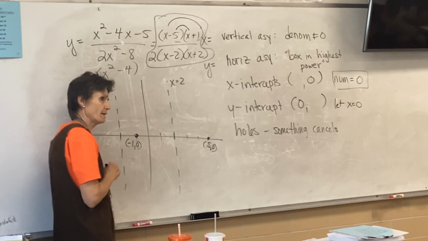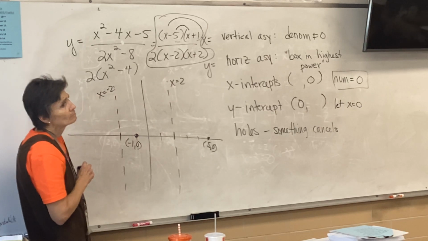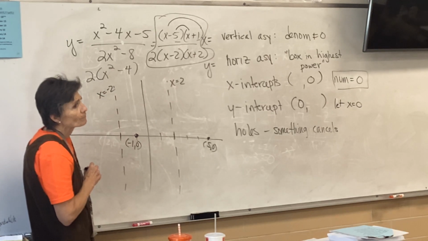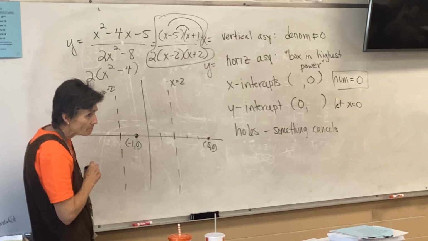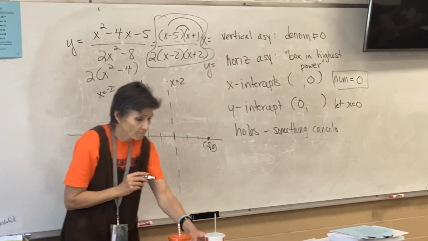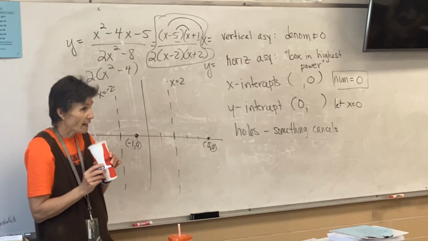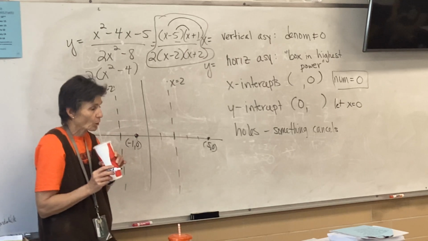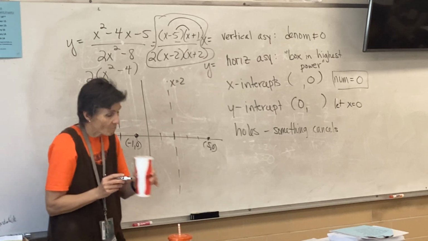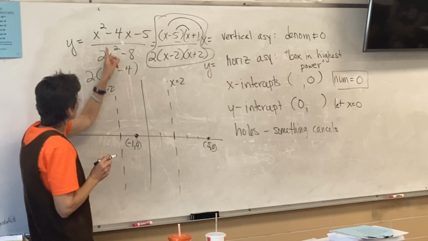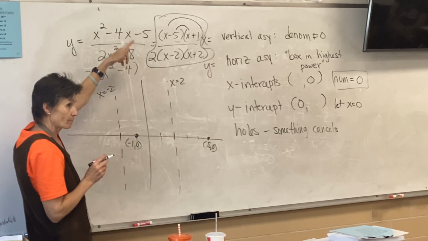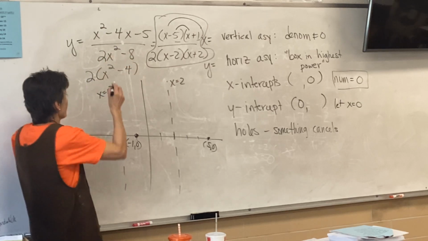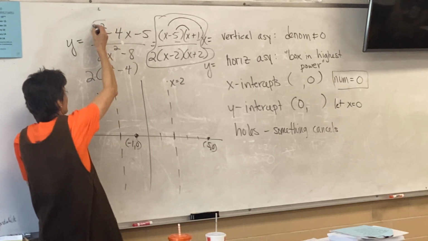Xavier, where's my horizontal asymptote? You remember how to find it? Has to do with a box. Well, that's your original problem, Xavier. Okay? Now, the highest power in the problem is x squared.